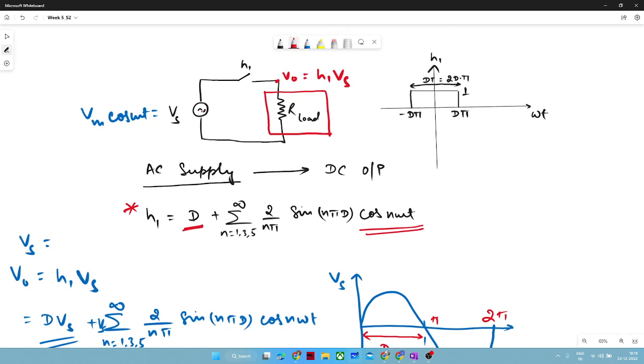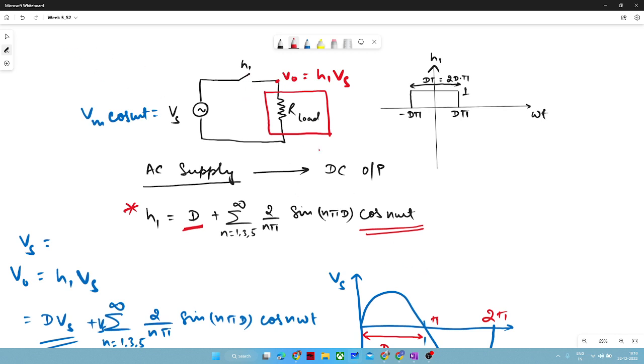After that, the switch would not conduct because we want the operation of a half wave rectifier, and if it is a unidirectional switch, like diode or MOSFET or IGBT, it will not conduct in the negative cycle.